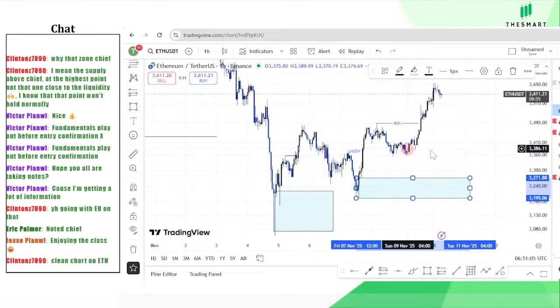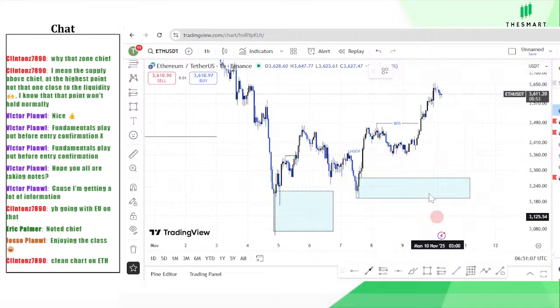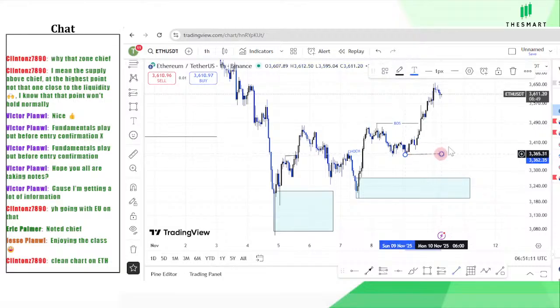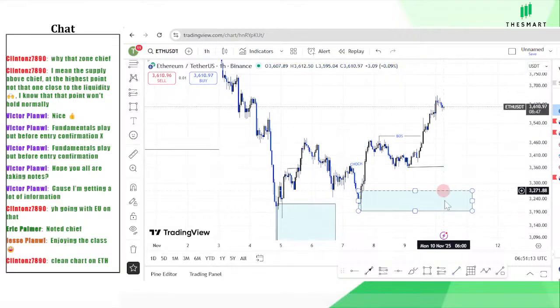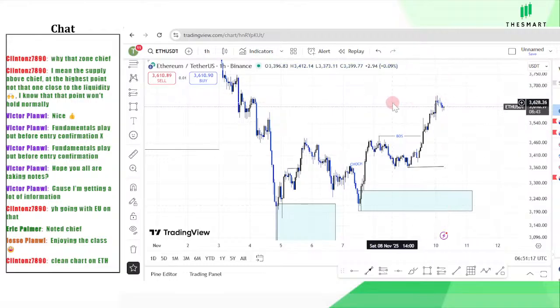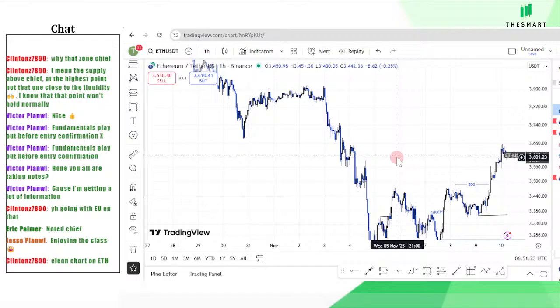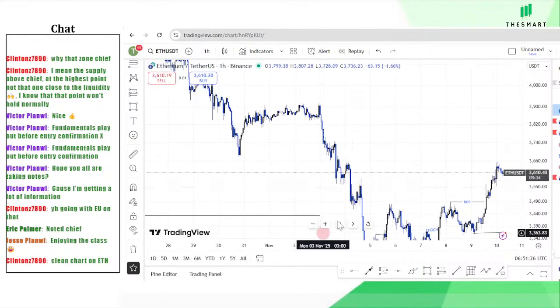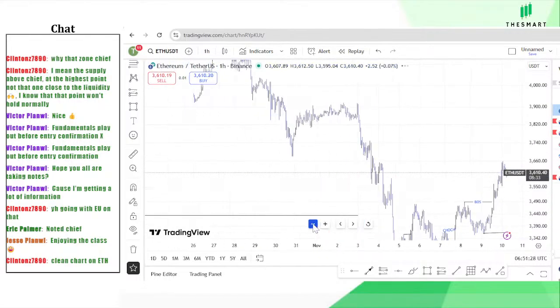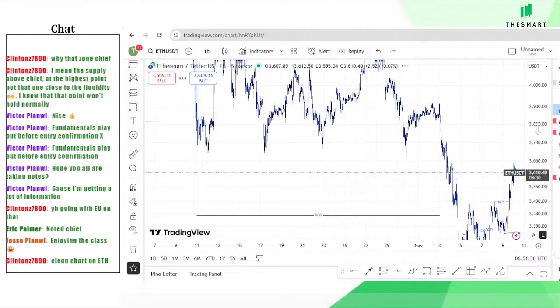This is our liquidity being created at this level. So we want to see price drop to this point, then continue to the upside. I'm seeing a possible supply on the 1 hour that might actually give this price a tough time. Let's look at that together.